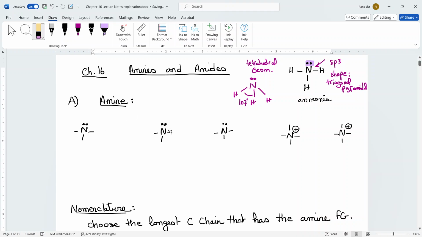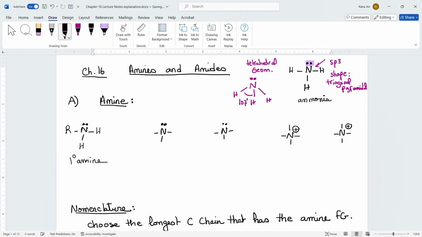There are different types of amines, ranging from primary, secondary, or tertiary. All amines need to have 3 groups around them and the lone pair. So if you have an amine having just one carbon chain, whether it's 1 carbon, 2 carbons, 3 carbons, it doesn't matter, and 2 hydrogens, then we're going to call this a primary amine.